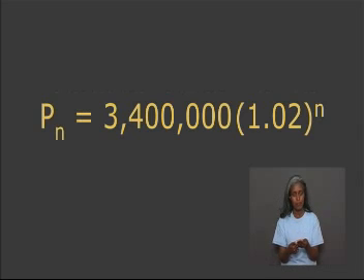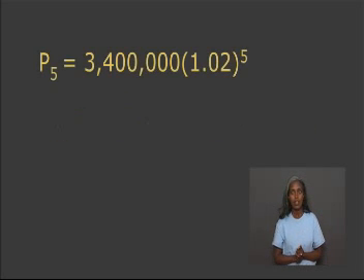Therefore, we can see that Pn equals 3.4 million times 1.02 to the power of n. Our answer must be equal to 3.4 million times 1.02 to the power of 5.